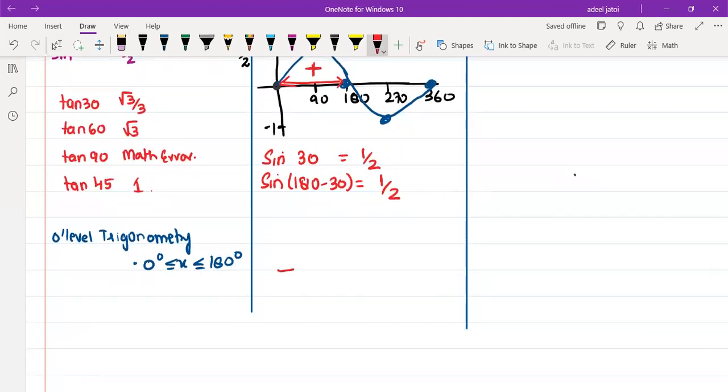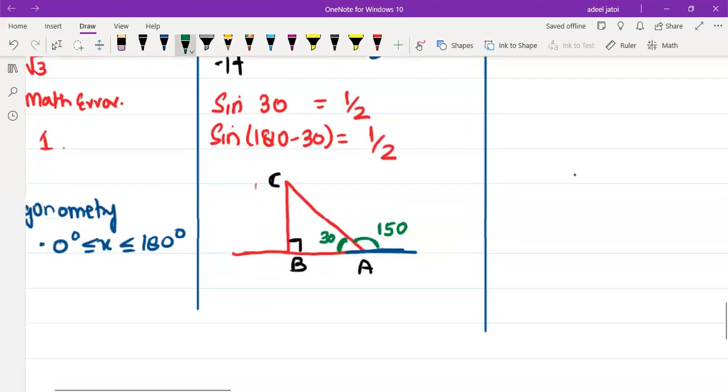This clearly identifies that, for suppose this is your right angle triangle. This is A, B, C. Now, let's say we created an obtuse angle now. If this is 30, this angle should be 150.